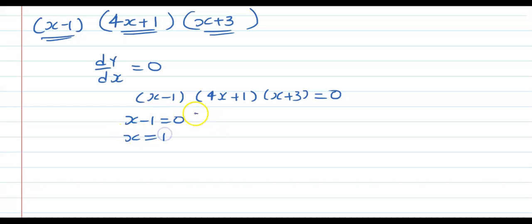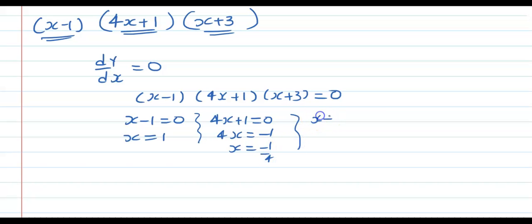We got x equal to 1. 4x plus 1 equal to 0. 4x equal to minus 1. So x is minus 1 over 4. And x plus 3 equal to 0. So x equal to minus 3. Is that okay? So we have got 3 points. Then we will get 3 y values. So one y value here, one y value here, and one y value here.